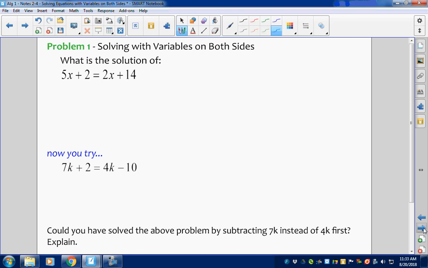I could subtract 5x from each side, but that would give me a negative x on the right side. So I would prefer to just subtract 2x from each side. And I'm going to write minus 2x right underneath its like term on each side of the equation. So I have 3x plus 2 equals 14. And now it's just a two-stepper that we've done before. So once you get that variable on one side, it doesn't have to be the left side.